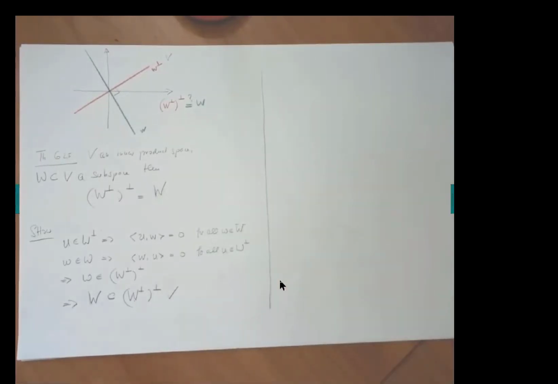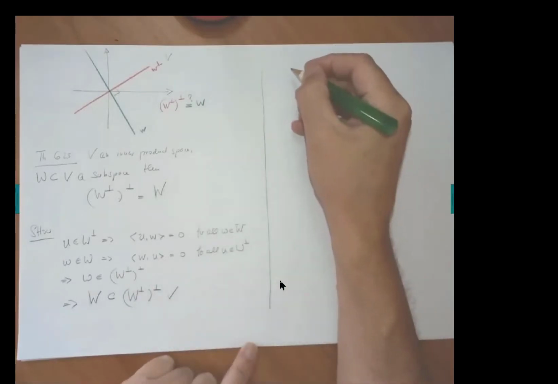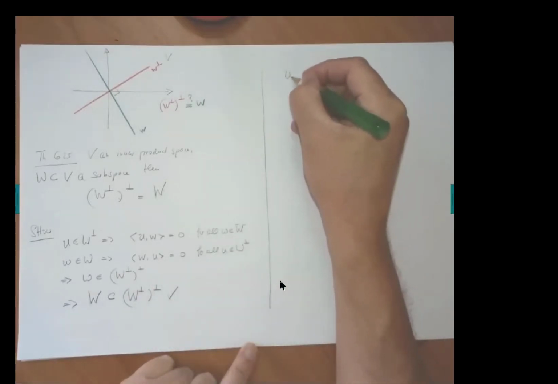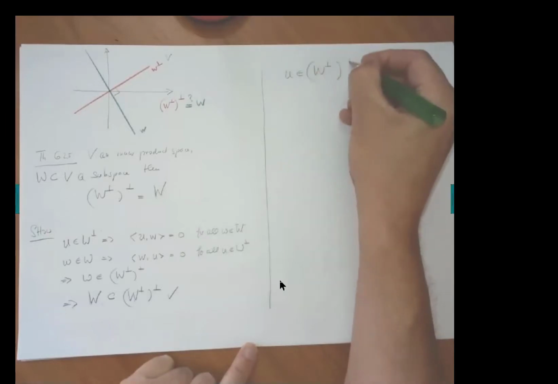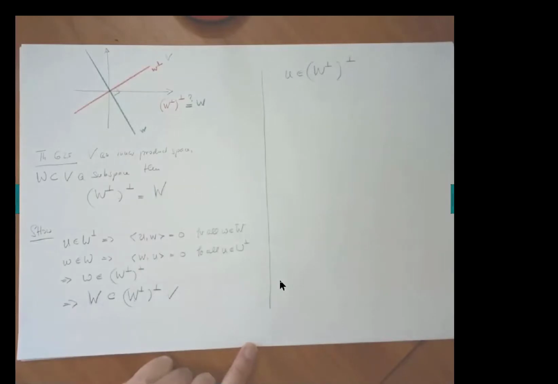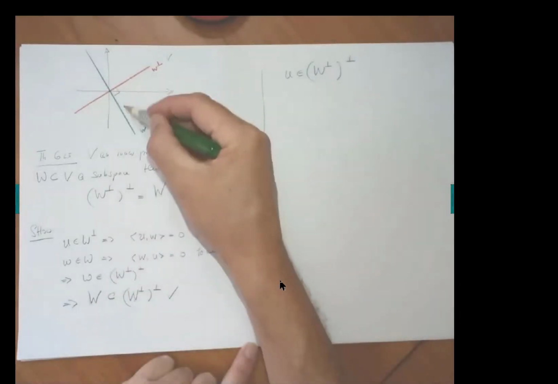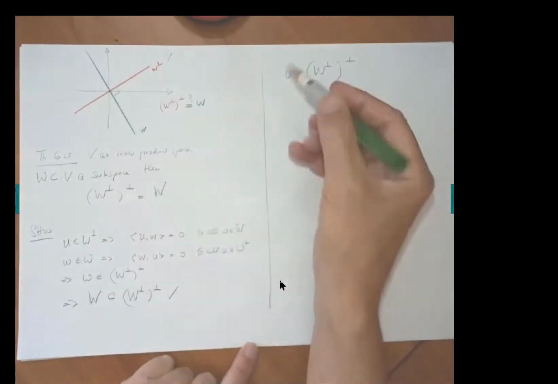And this is actually now where our result which we proved before the break comes in handy. So let's take an arbitrary element U in the complement complement. Then we know we have this decomposition of our vector space.